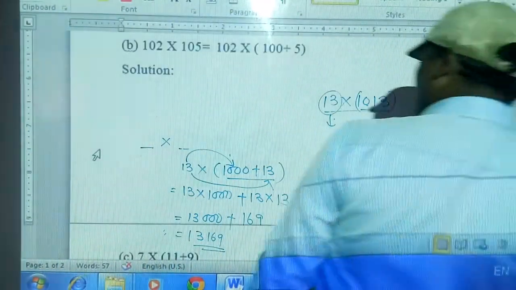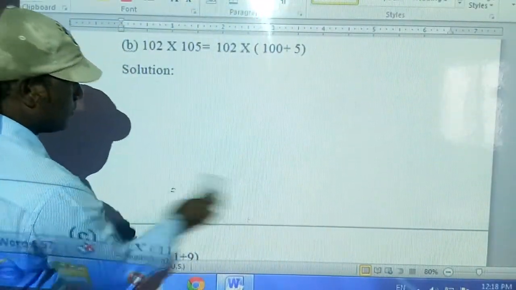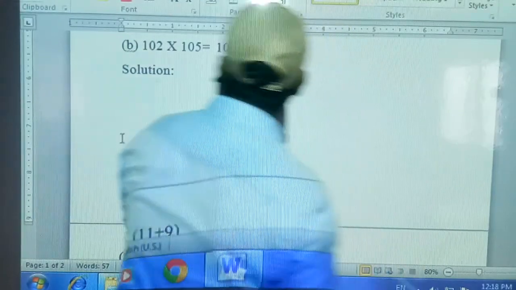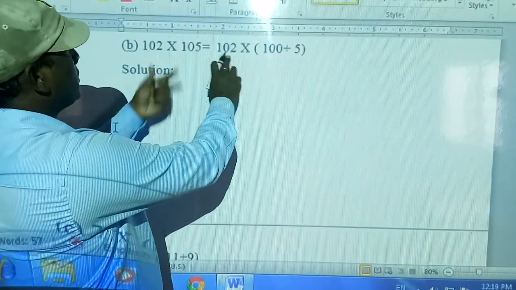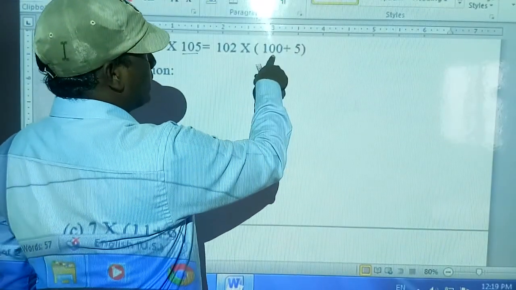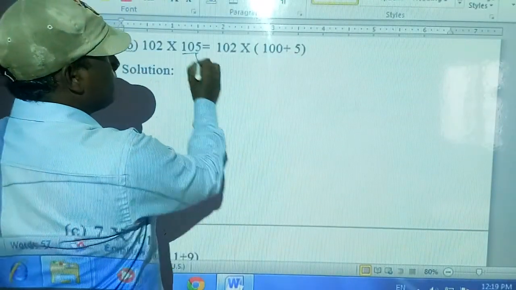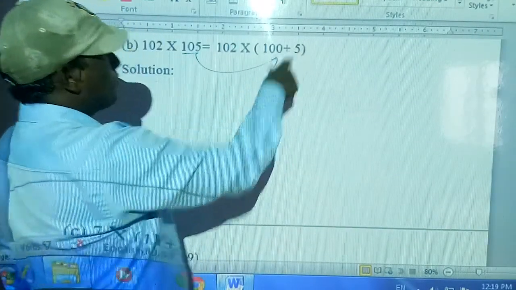Okay, next we will take one more example, students. Here it is given to you 102 into 105. 105 is written as a bracket, 100 plus 5. Instead of 105, they have written 100 plus 5 inside the bracket.